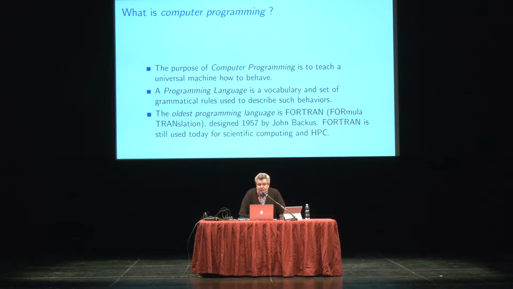Fortran is still used today, in particular for scientific computation and high-performance computing. John Backus is also the inventor, so to speak, of modern functional programming. And Faust is an example of a functional programming language.